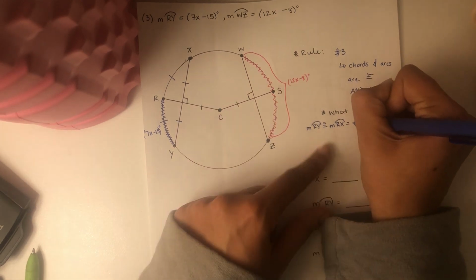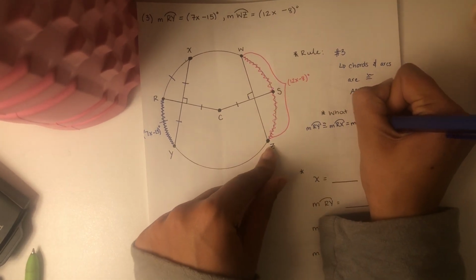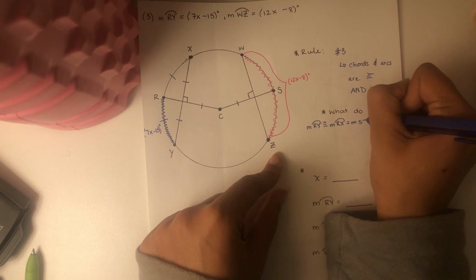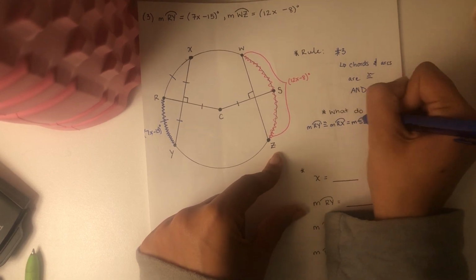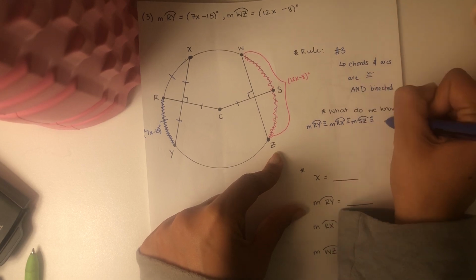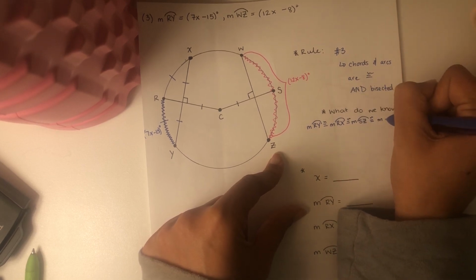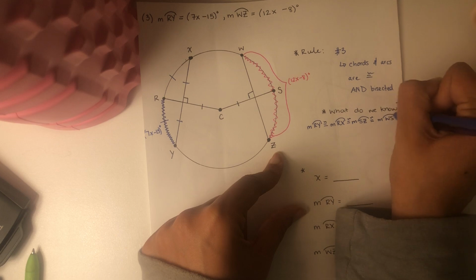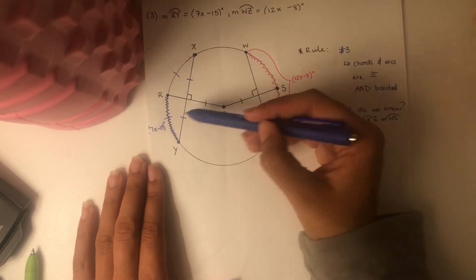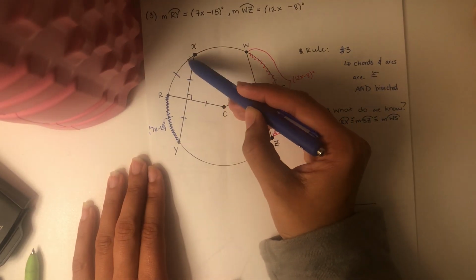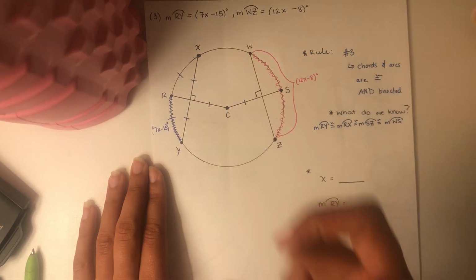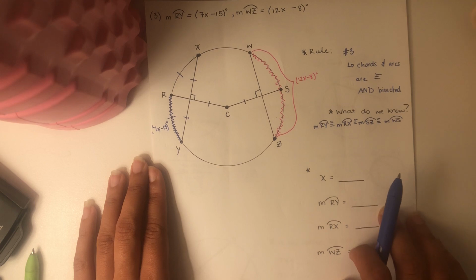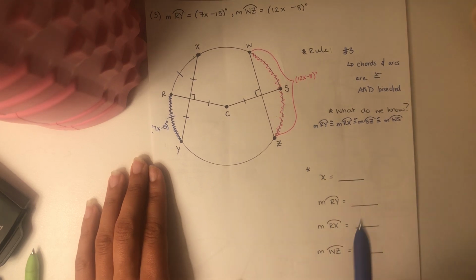These are also going to be congruent to measure of arc SZ and measure of arc WS. All of these are congruent. So if this is 20 degrees, that's 20 degrees, that's 20 degrees, that's 20 degrees, because they're the congruent chords, which make congruent arcs.